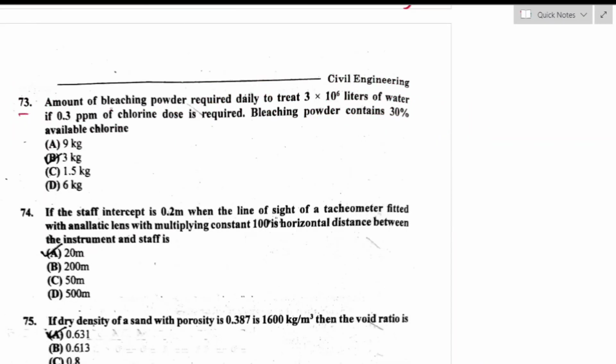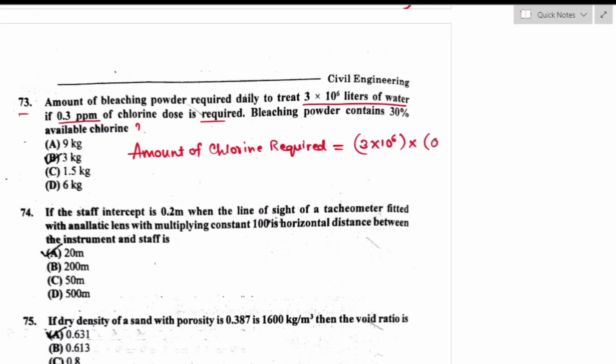Question number 73. Amount of bleaching powder required daily to treat 3 into 10 to the power of 6 liters of water, if 0.3 parts per million of chlorine dose is required, and bleaching powder contains 30% available chlorine. So, the amount of chlorine required: 3 into 10 to the power of 6 is the quantity of the water treated with a chlorine dose of 0.3 parts per million.